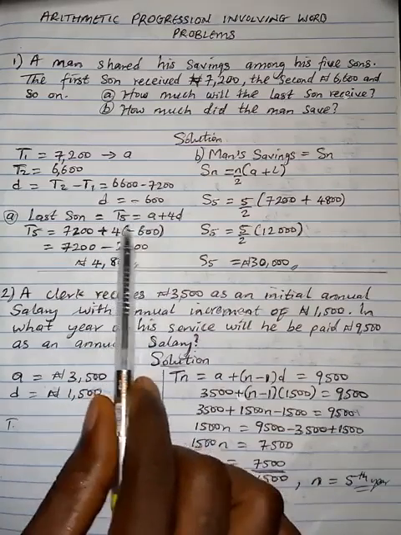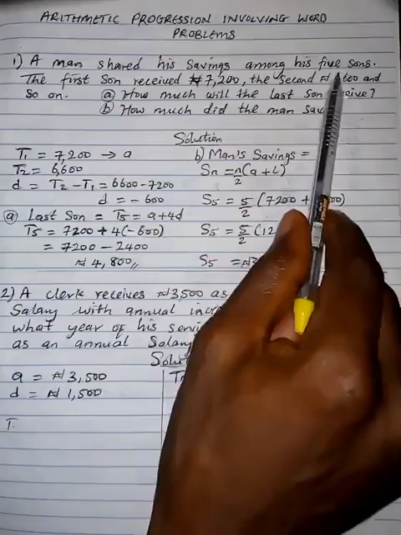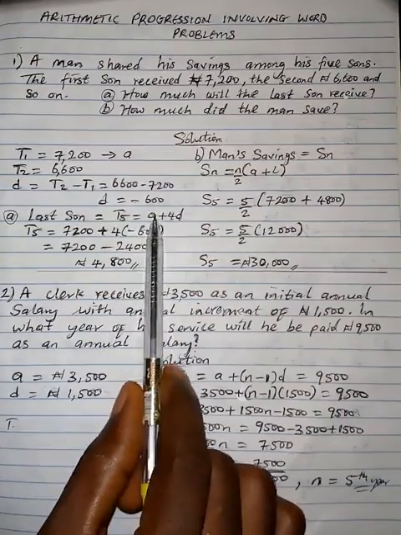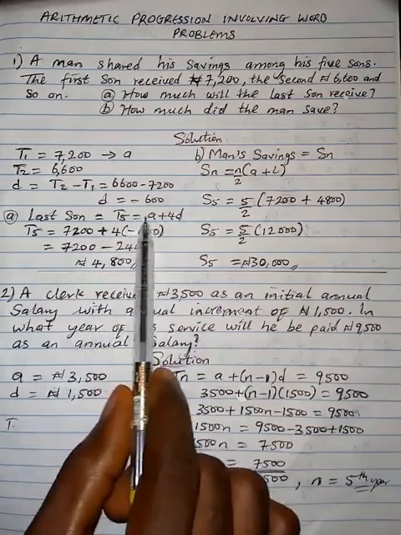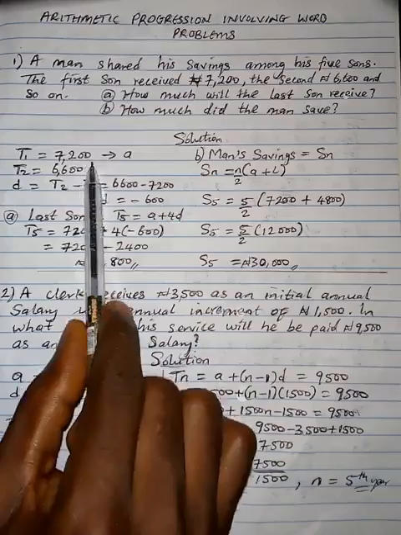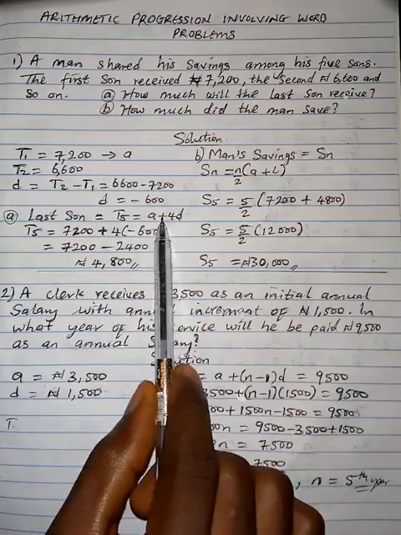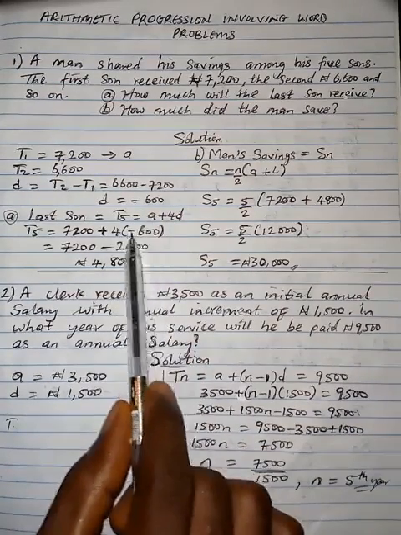Now here we have T5, that's the fifth term, the last son, which is the fifth son, equals A plus 4D. Now T5 equals A, which is the first term, 7,200 naira, plus 4 times D, the common difference, which is minus 600.